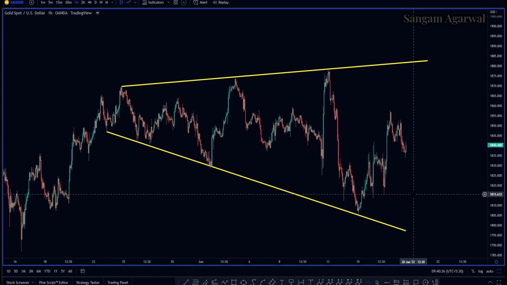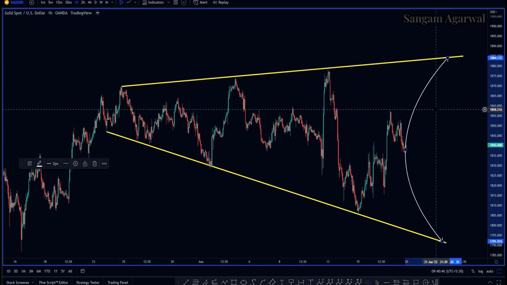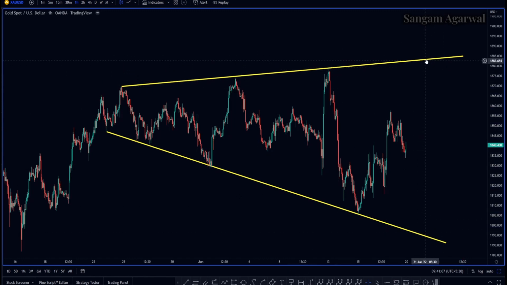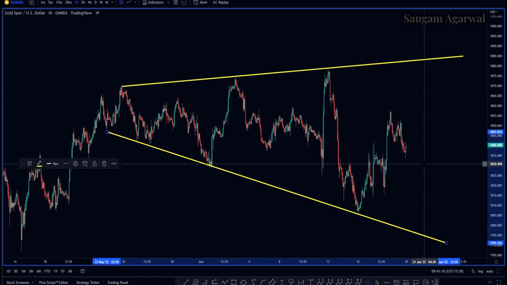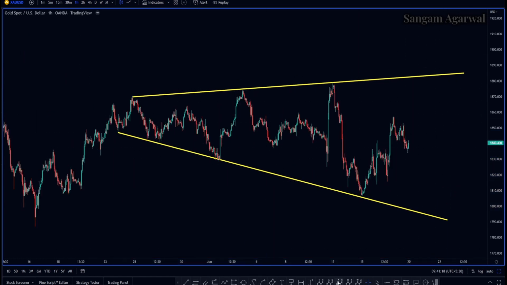And traders who missed everything have to wait again until price tests this upper or lower yellow trend line. If it tests this lower trend line again, then you can buy, or if it tests this upper trend line, then you can sell, because these two trend lines are your dynamic support and resistance level, and it looks like an expanding triangle chart pattern.